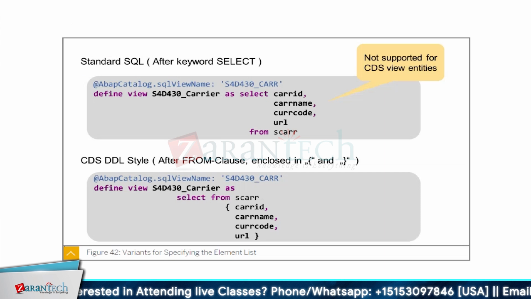Look at this example. If you are creating the old CDS view, you do it like that: define view name as select from table name. You can write the field names after the table, or directly, but the below one is the right one.